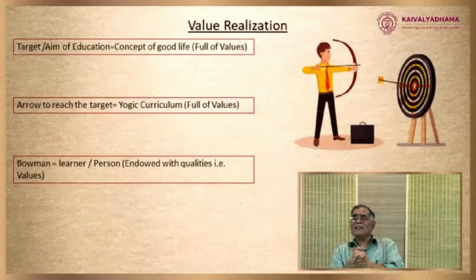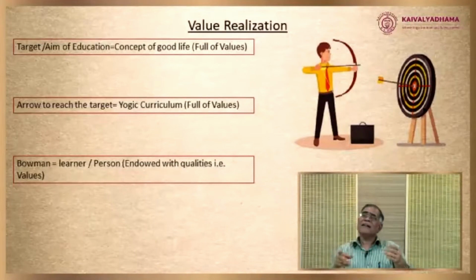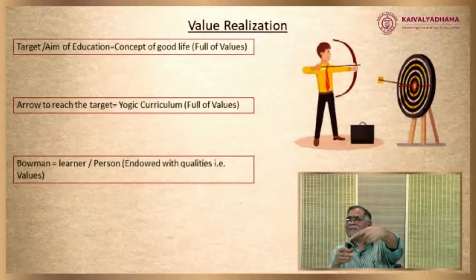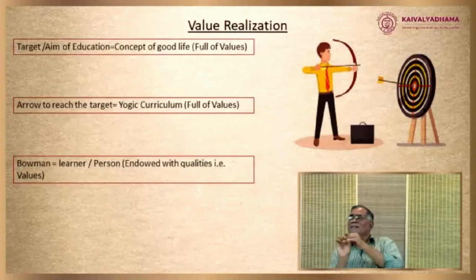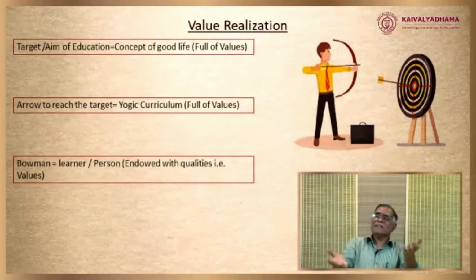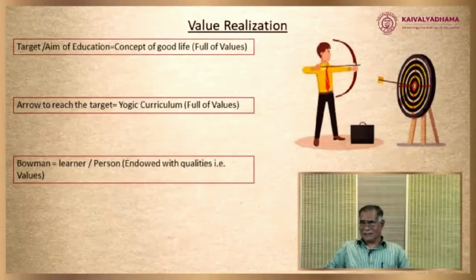And in this picture, this is the Dhanurasana. Dhanurasana is of two types. Here it is in a sitting posture. The target is reached through the bow, and the bow is the content, and that content makes us realize the target.